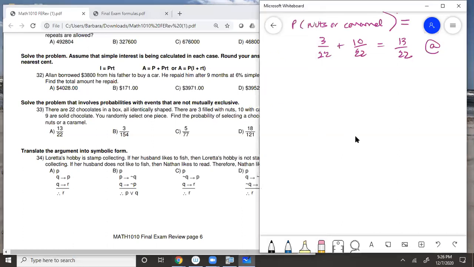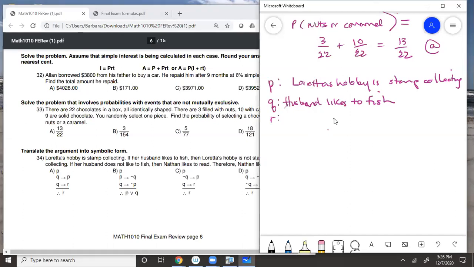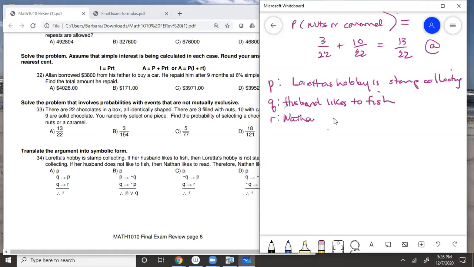Okay, this is fun. So let P be Loretta's hobby is stamp collecting, Q is her husband likes to fish, and R is Nathan likes to read. So we have a few things going on.